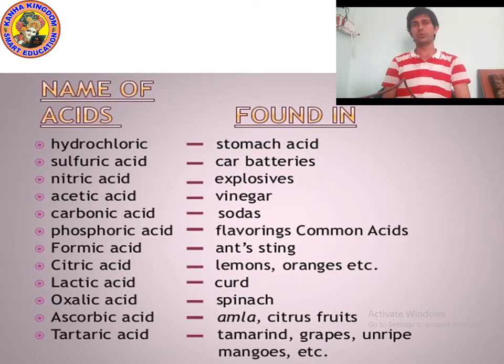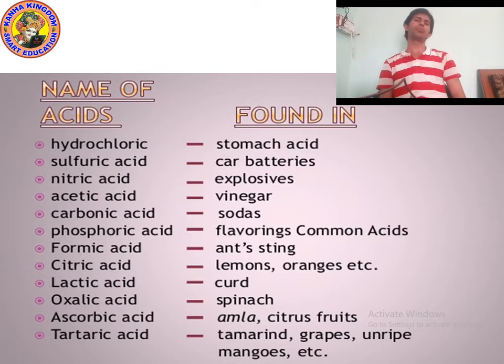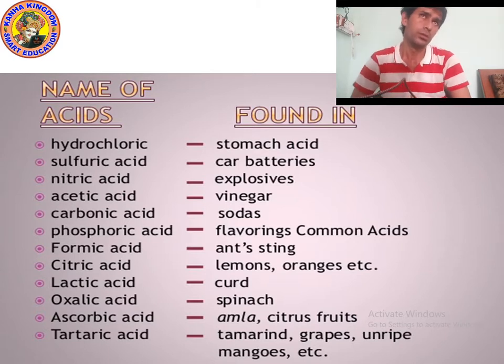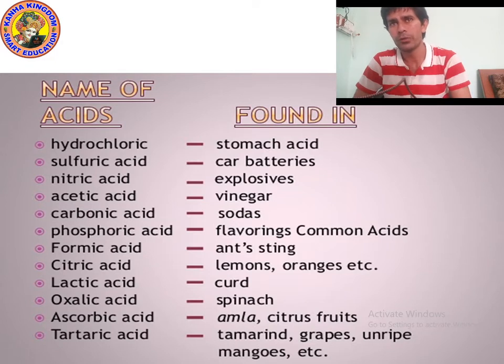Okay, kids. As you can see on the screen, there are different names of acids. First, you can see the name of the acid. At first is written the name of the acid, and second is written where it is found, which acid is found in which substance.